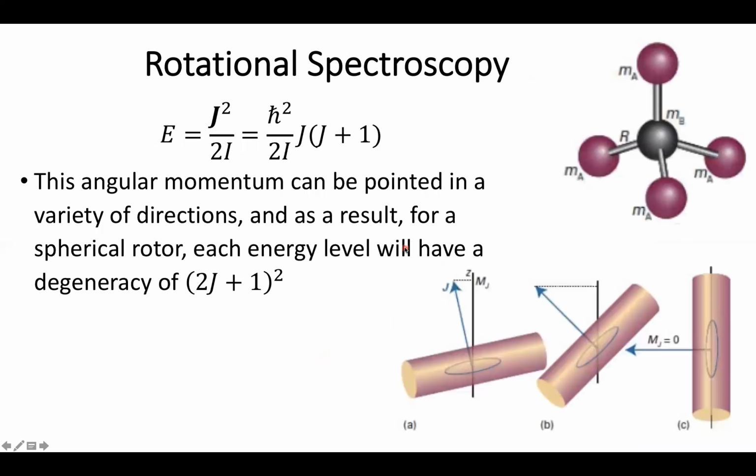However, one of the things I do want to make note of is the biggest difference is that the angular momentum can actually be pointed in a variety of directions, because no longer do I have movement just in, say, an XY plane, while that plane may be rotating. Now I have a more complicated motion or rotation when I go to a full spherical system. This has no implication on the energy levels.